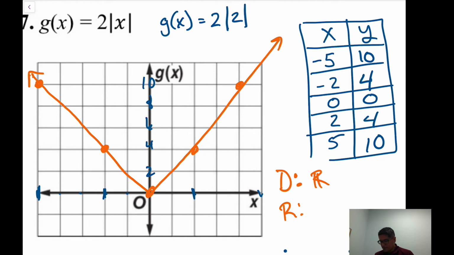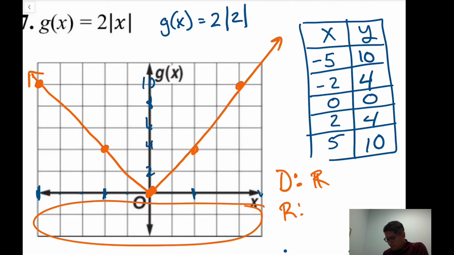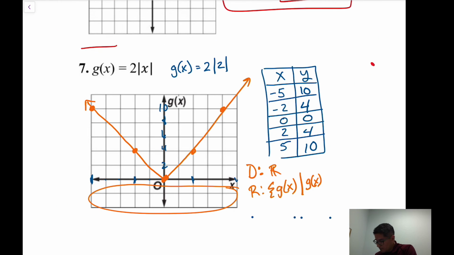Now if I look at my range, this graph doesn't really start to exist until I get to y equals 0. Everything below 0 on my y-axis, there is no graph. It doesn't exist. So then what I would have to say is that a set of numbers for g of x exists such that all my y's have to be greater than or equal to 0.